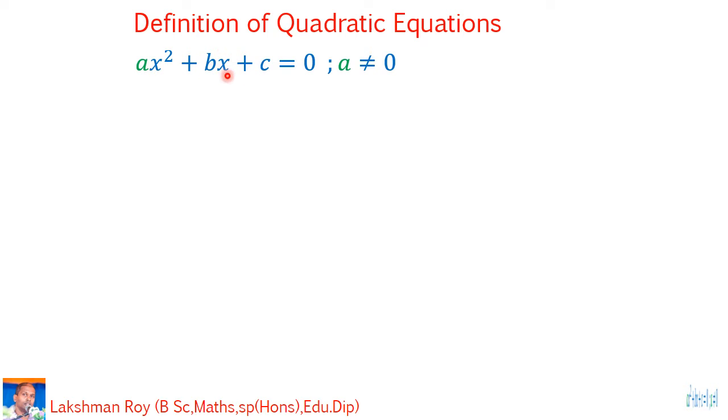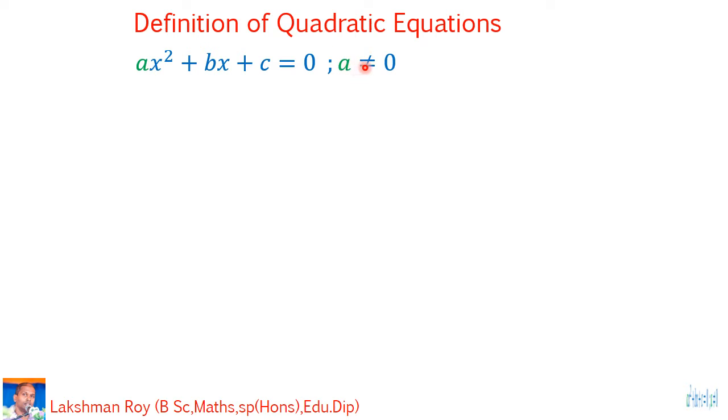Here you can see, we simply call a the coefficient of the x square term. That is a number, an integer, or if you learn further, it may be a real number, but it is not equal to 0.